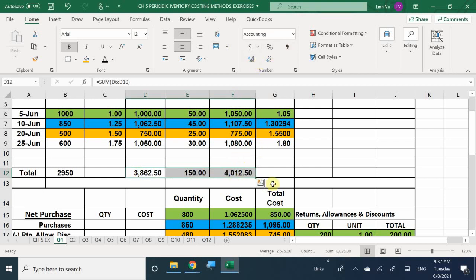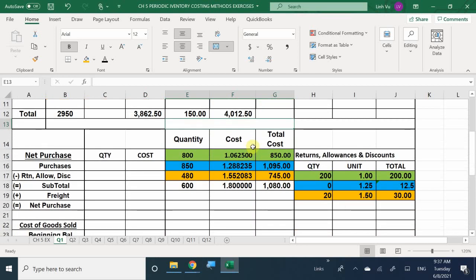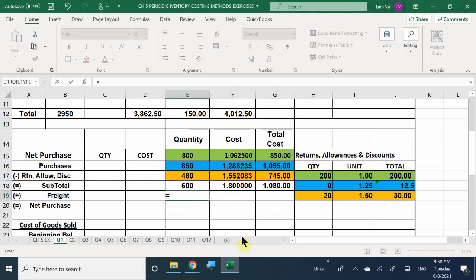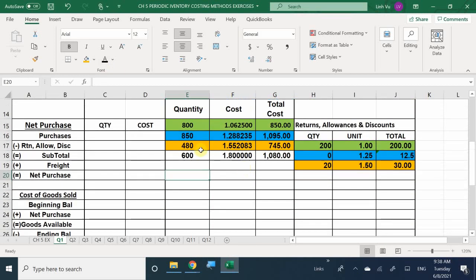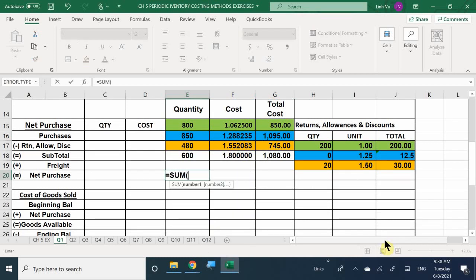So let me highlight this and format it. Okay, good, excellent. Now let's also take our time to sum up these columns as well. I'm going to make a sum of my goods available. I'm going to skip a line, and give me a total of my goods available. So after I made my returns and allowances, what is my total quantity that I should have available to sell? So this little section right here.